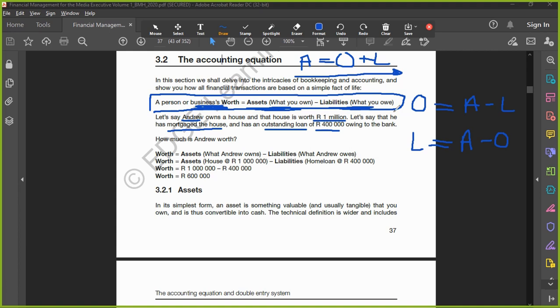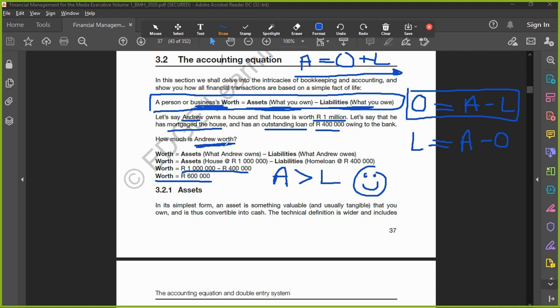Well, obviously you would have to take the owner's equity formula, O equals A minus L, and you would subtract 400,000 from 1 million, gives you net worth of 600,000. So just remember, if assets are greater than liabilities, that's good. Ideally, you'd want your assets to be more than your liabilities because that shows that you have net worth, right? There's wealth within the organization. Right, so that's very important to understand.